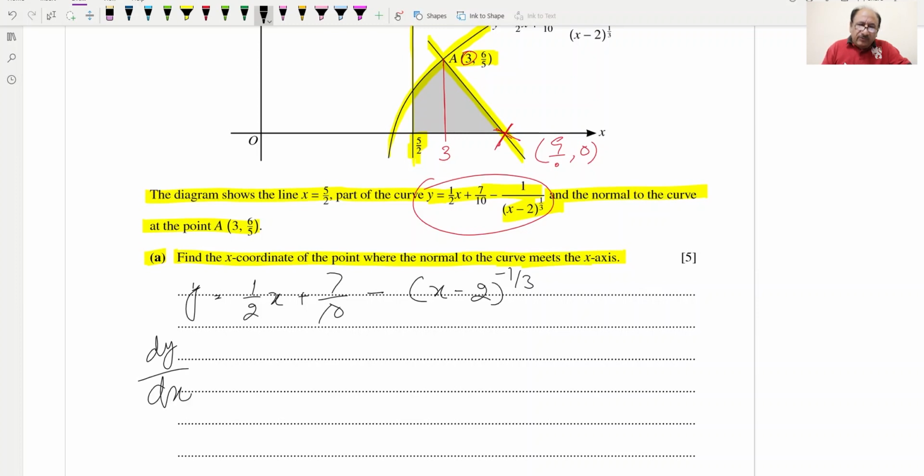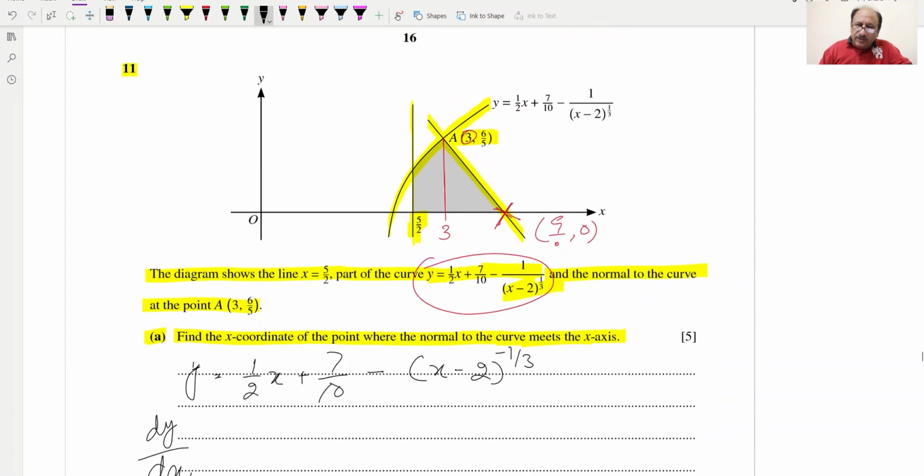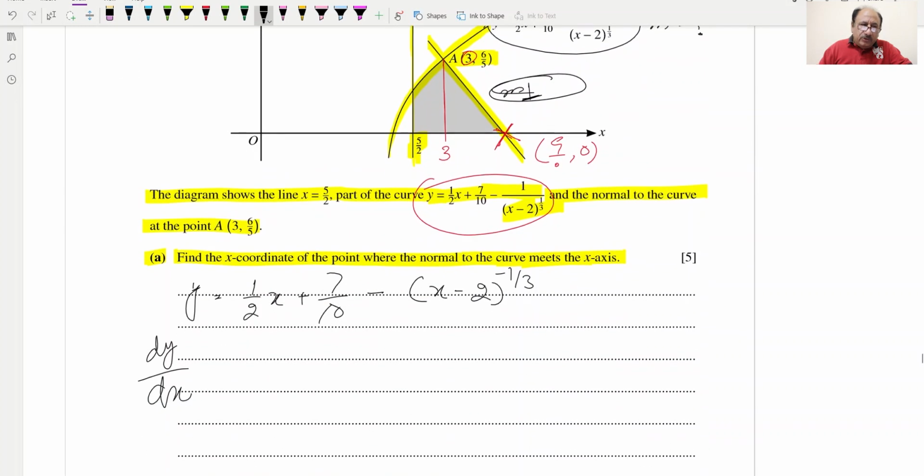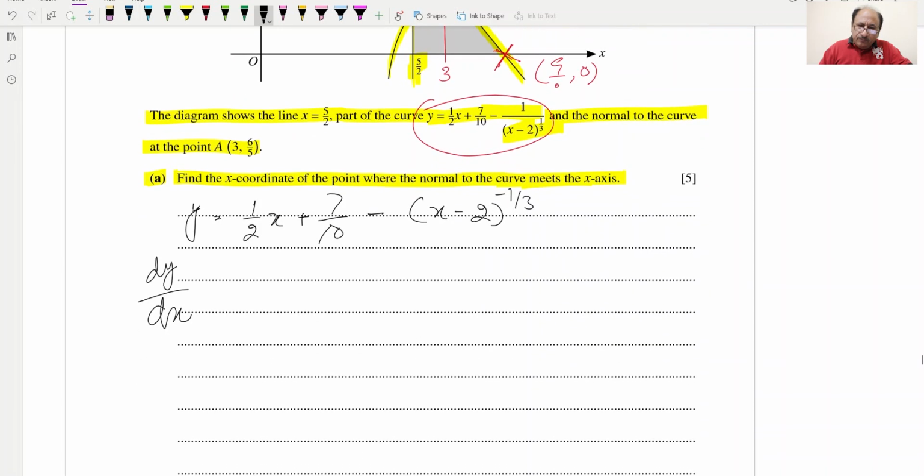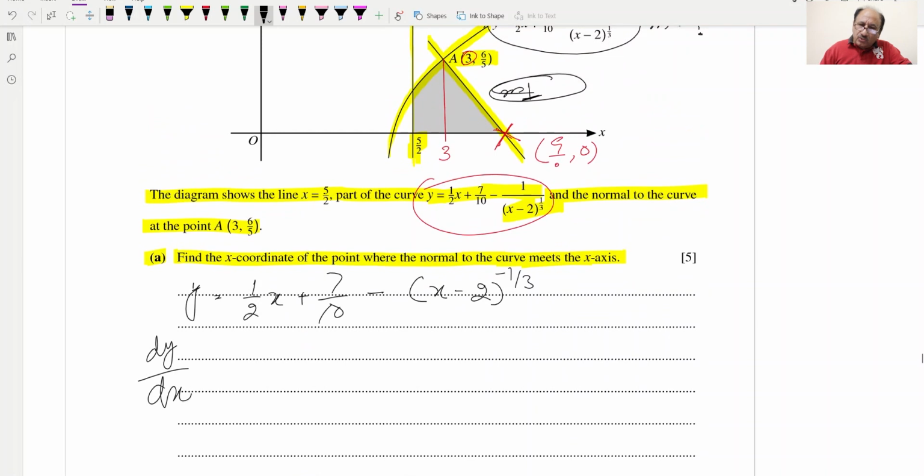Why are we taking the derivative? Because we require the gradient of this curve, so that we can use that m value to find the m value of the perpendicular, and we will use the m value of the perpendicular to write the equation of the normal, and after writing the equation of the normal we will find the x-intercept. So this will be our strategy to solve the question.